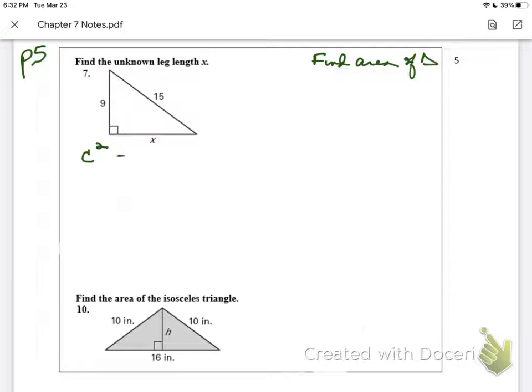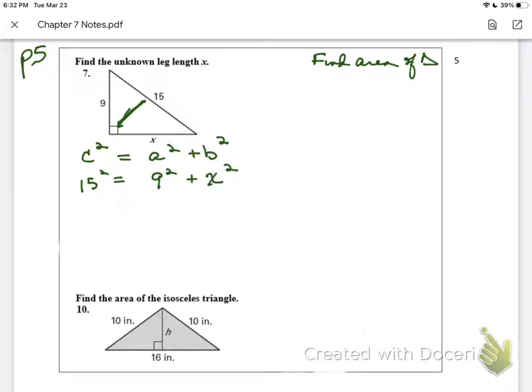So C squared equals A squared plus B squared, where A and B are the legs. This is a right triangle, so I know that this equation will hold. So 15 is the largest side because it is opposite the right angle. So 15 squared equals, let's take the 9 as the A side, plus some mystery x squared.